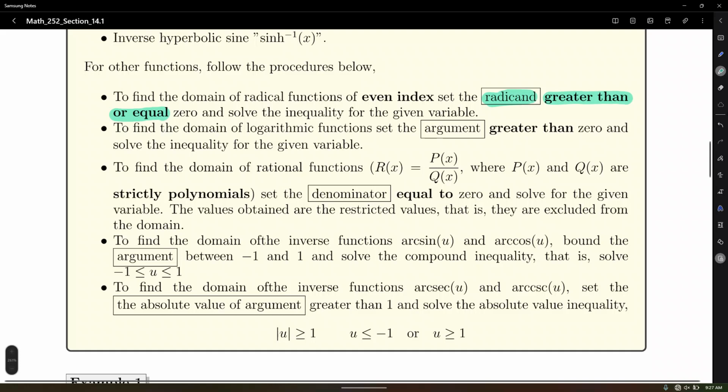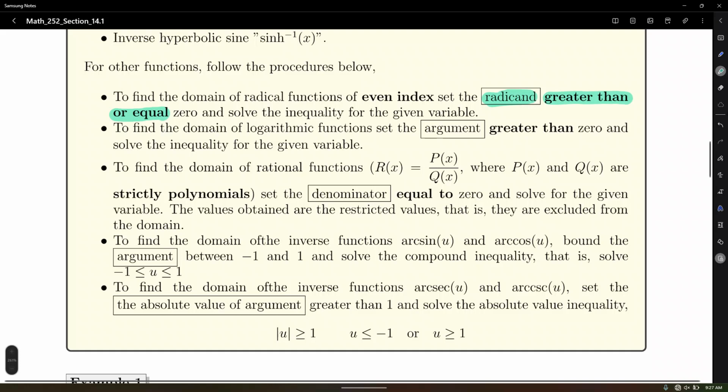Okay. The next function with restricted domain is the logarithmic function, and it doesn't matter the base of the logarithmic function. It could be the logarithm base e, which is the ln, logarithm base 7, logarithm base 10, your favorite.